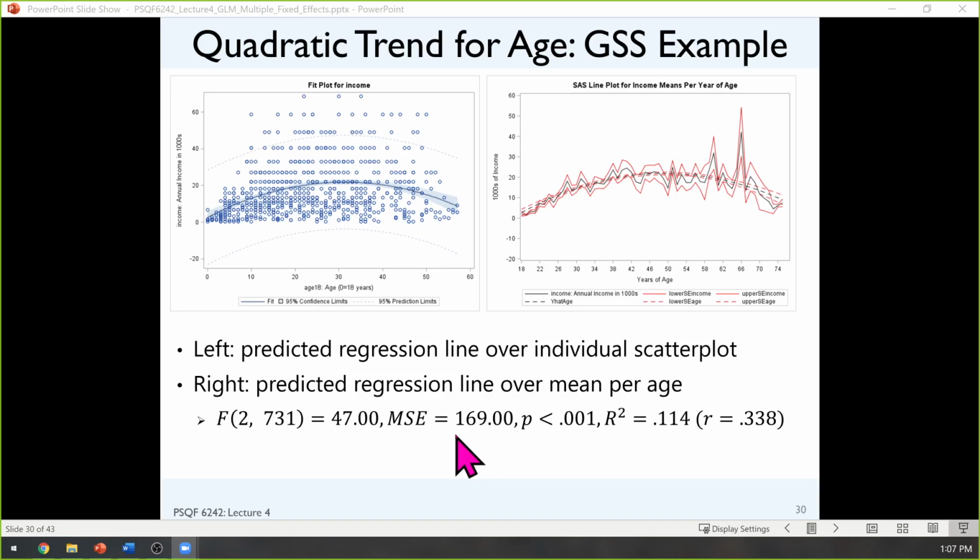Okay, does that make it better? Ish. Big picture, the idea here is you need F anytime it takes more than one slope to describe the effect of a predictor. So this is just another special case in which that would happen when you have linear and quadratic slopes instead of grouping variables, for instance.